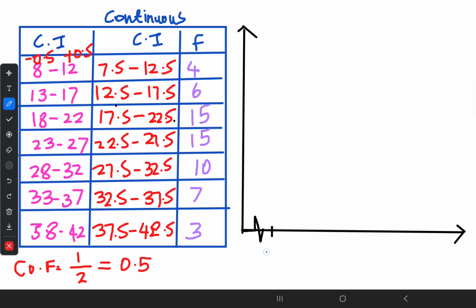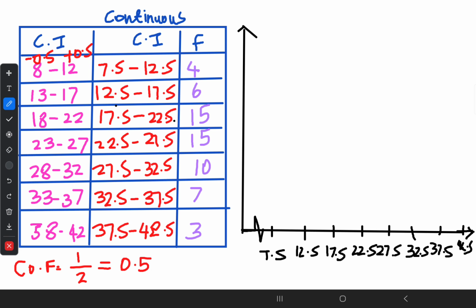Thereafter, starting from 7.5, then 12.5, 17.5, 22.5, 27.5, 32.5, 37.5. Finally, name the axis: this is the continuous class interval.